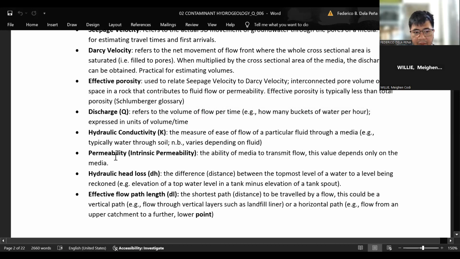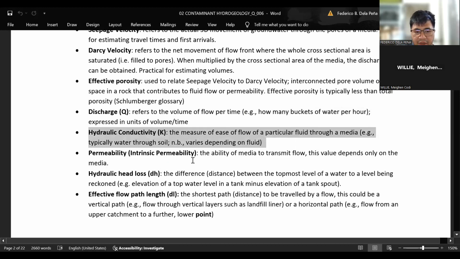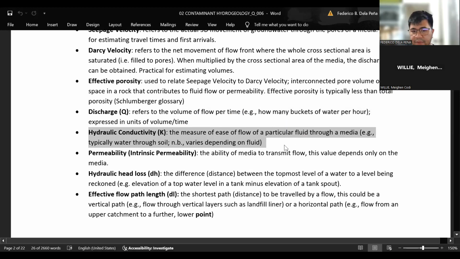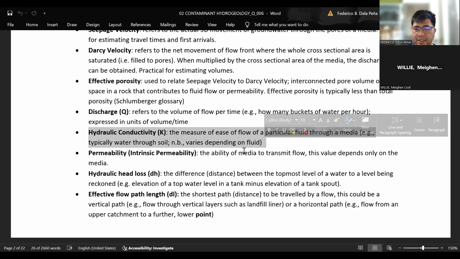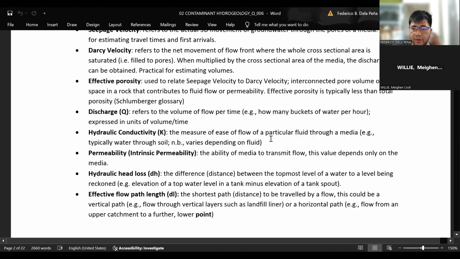While permeability is basically just about the media. Okay. For hydrogeology and contaminant studies, hydraulic conductivity is more frequently used because this is more straightforward to use, and most of our calculations only involve flow of water through your media.